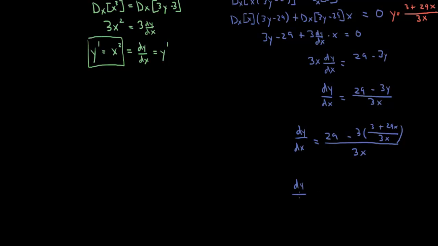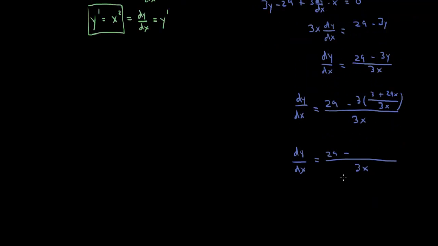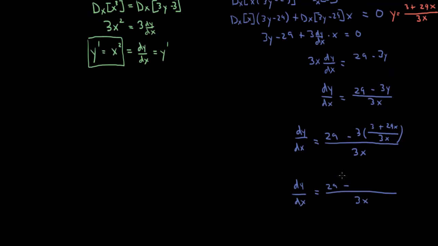So dy dx equals, there's still just a 3x hanging out there on the bottom. Now we have 29 minus, what's the best way to do this here? Let's distribute this 3. There's going to be a 3 there and a 3 there.